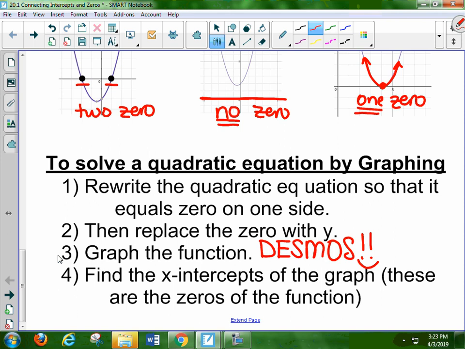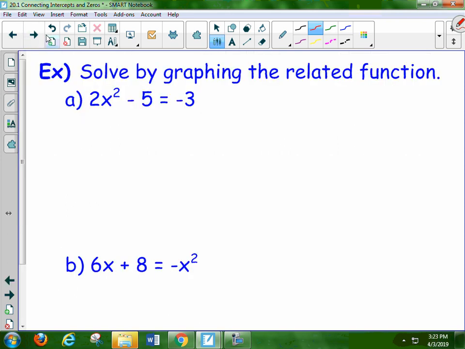Okay, so let's try a couple. On the next slide here, it says solve by graphing the related function. So if I look at that first one, 2x squared minus 5 is equal to negative 3. First of all, if I go back to the previous step, remember it said I want to set this equal to 0. So what that means is I'm going to have to get rid of this negative 3 and make it be equal to 0.